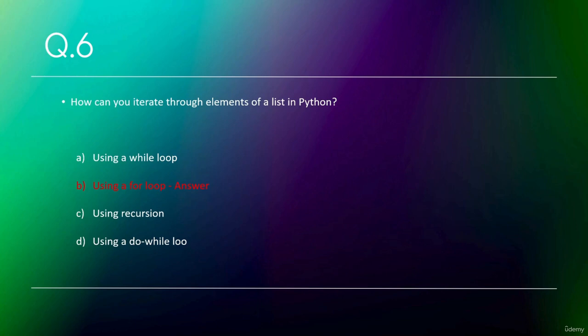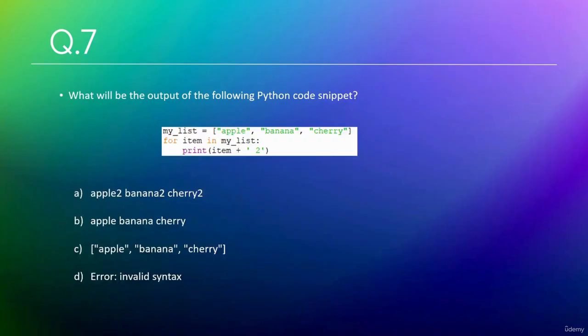Moving on, we have what will be the output of the following Python code. So we have a list, then we are iterating over a list, and we're doing something. You need to figure out what is happening, and according to that you need to see what will be the correct answer. Now if we move on to the answer, correct answer is option A. So what is happening is that the for loop is iterating over each of the items in the list.